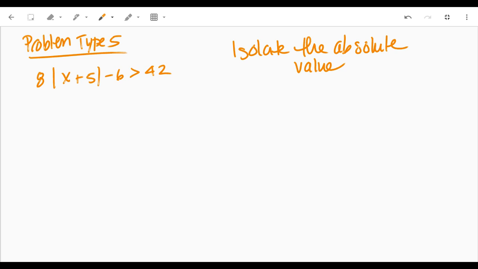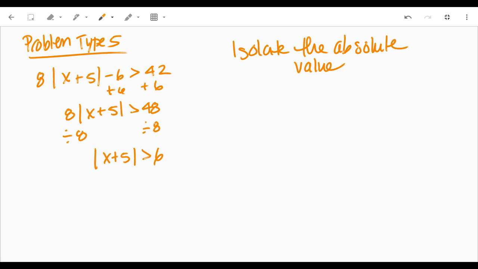So we're going to add 6. And we're going to divide by 8. And then it becomes a problem like we just did. So x plus 5 is greater than 6. X plus 5 is less than -6.